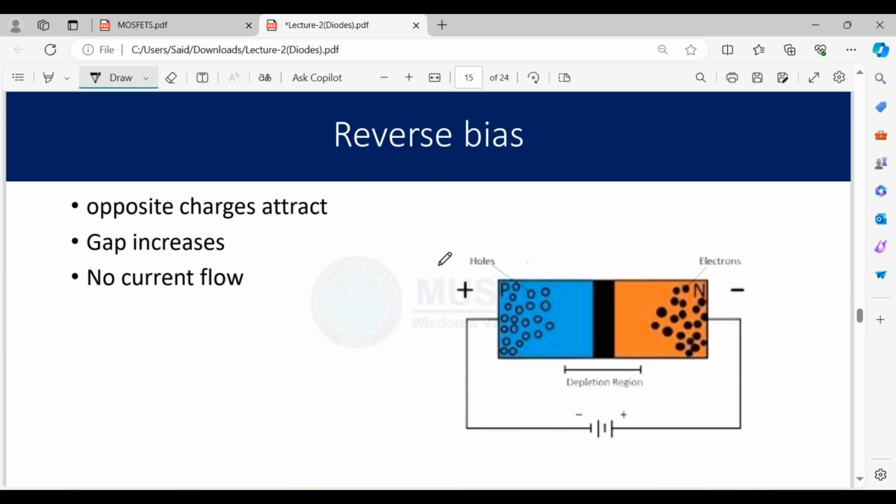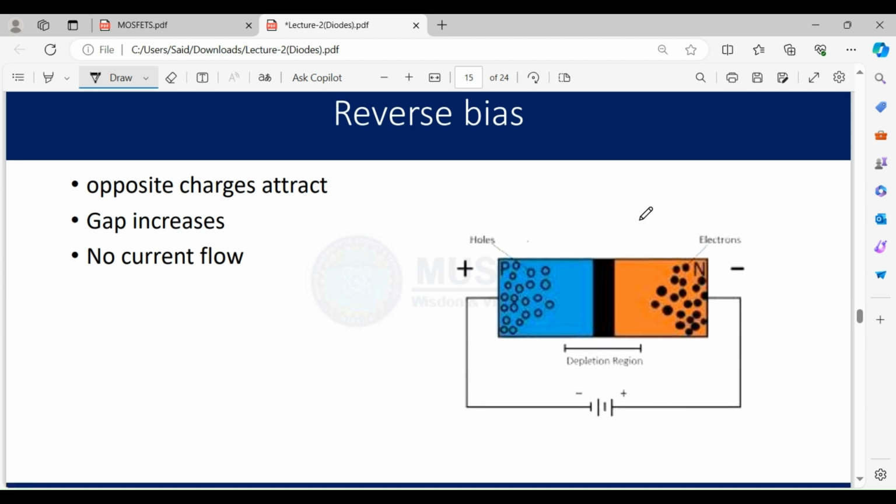What will happen when we connect our diode in reverse bias? Here you can see this is the negative of the battery and this is the positive of the battery. When we connect negative with positive and positive with negative, then this is reverse bias of a diode. In this case, negative charges will attract the holes and positive charges will attract the electrons.